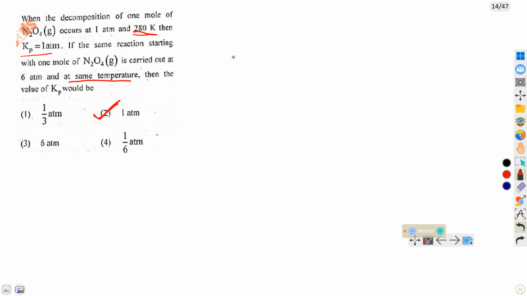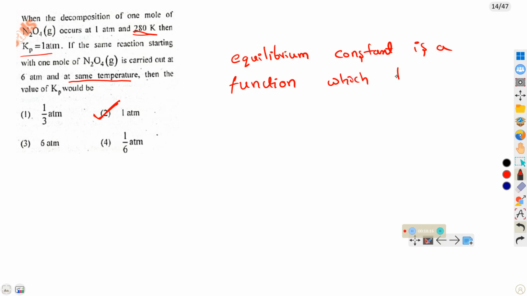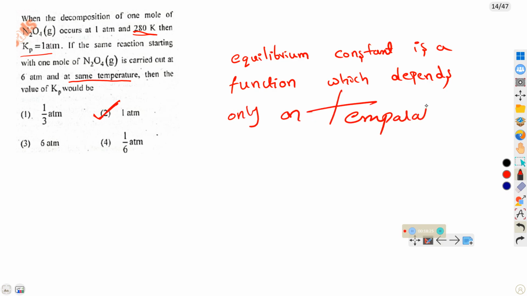We know that the equilibrium constant is a function which depends only on temperature. Here temperature remains constant, so Kp value is also constant.